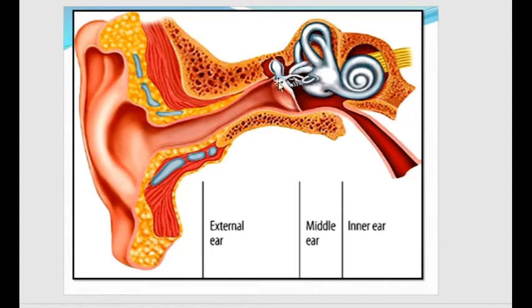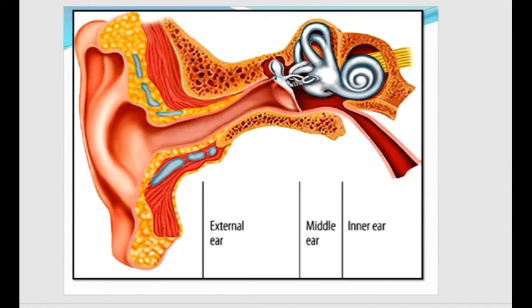Okay, now the two parts are at an angle with each other. They meet at an angle, so we can't see the whole of the canal without straightening the external canal.